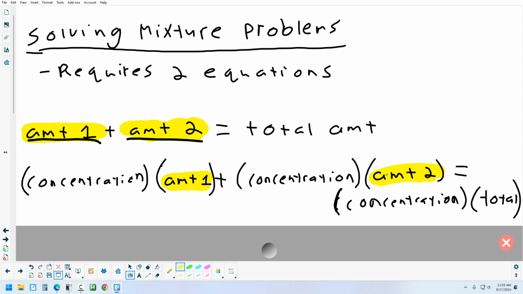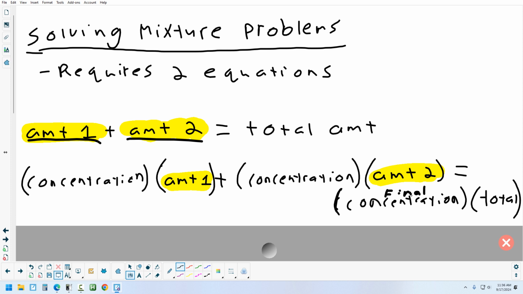And then the final concentration and the final amount, those are also both given. So in the problem I made up, I said I wanted a concentration of 83%. So that'd be 0.83. And the total, I said 10 gallons. So that'd be a 10. So everything that's not highlighted in yellow will be an exact number.